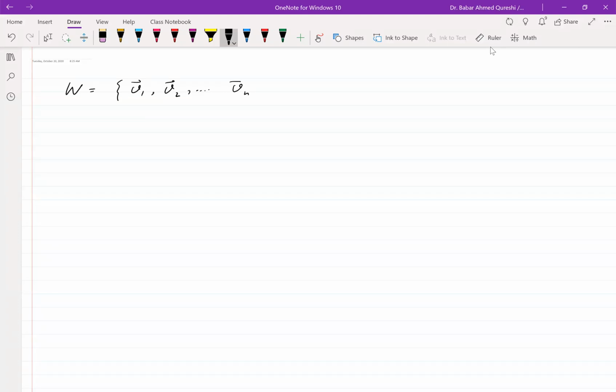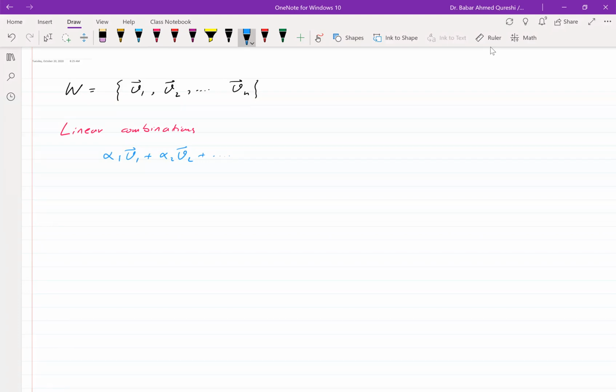So let's call that we have n of them. And if I make linear combinations of these vectors, that means I'm looking at vectors of this form.